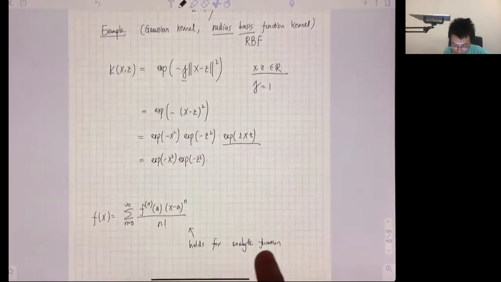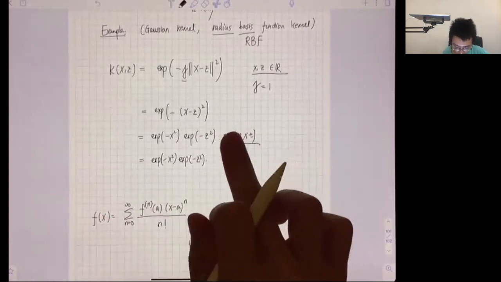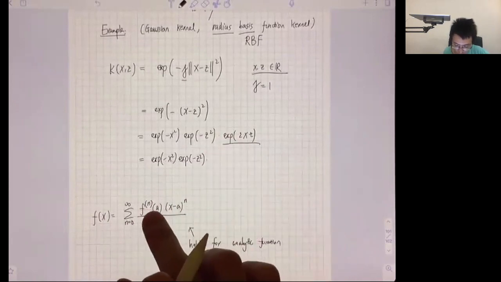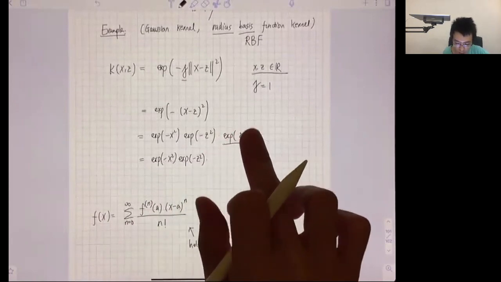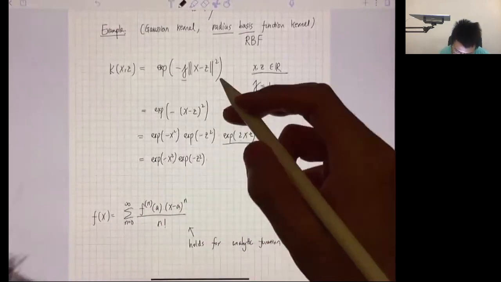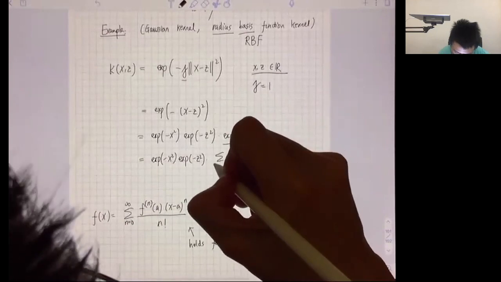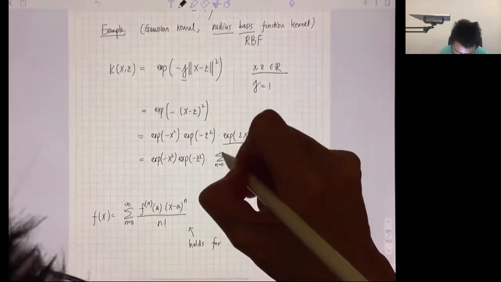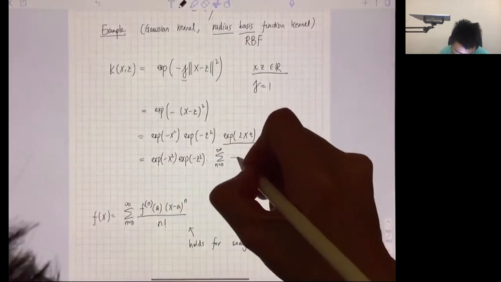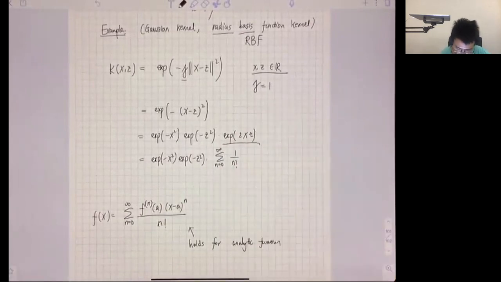But for an analytic function, this must hold, and the exponential is an analytic function, and I can expand it at 0. I expand the exponential function of 2xz at 0, so it gives me the summation over n equals 0 to infinity, and the n factorial, don't forget about that.